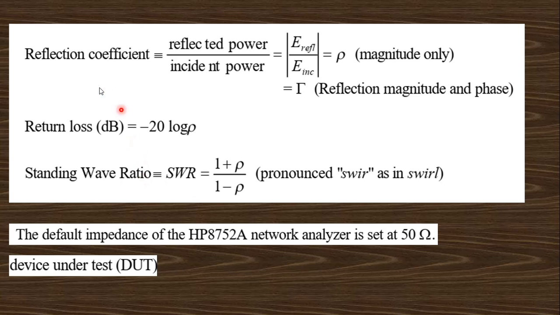These are the expressions, so this can be calculated from them, and this instrument, the impedance analyzer or network analyzer, is used to determine these values. The graphical presentation, that is the Smith chart, is also used for finding these values.